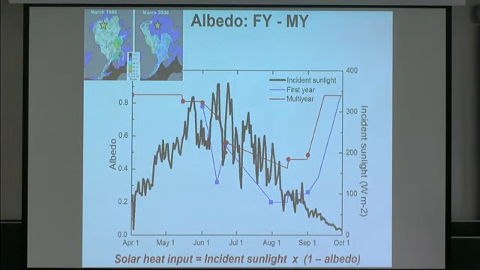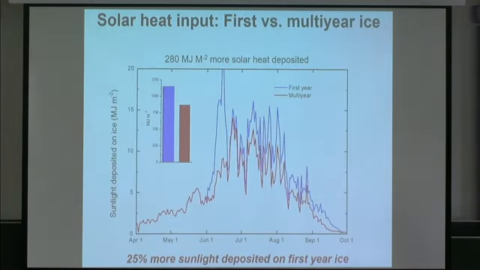What's shown here is some observed incident shortwave radiation in black and the two albedo curves, and we'll just calculate the solar heat input to the ice, which is just the incident sunlight times 1 minus the albedo for these two cases. And now what we see here, again, multi-year is red, first-year is blue.